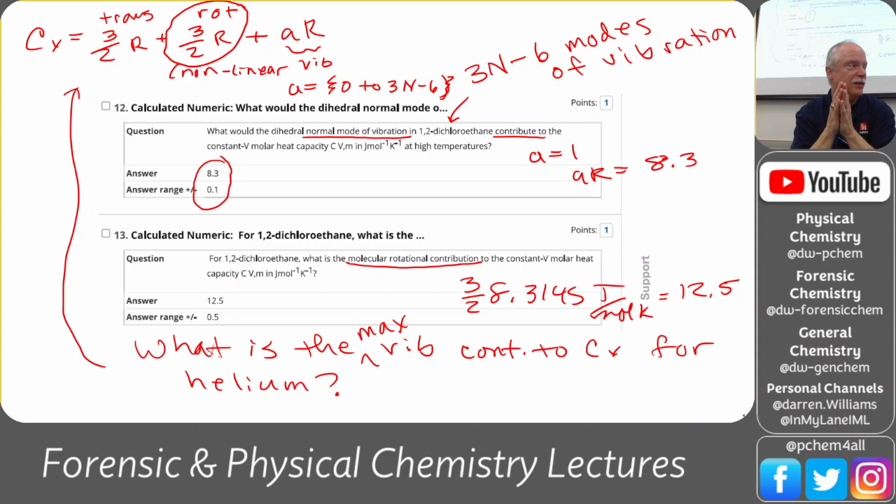Still 0 because an atom can't rotate. The mass is at 0, 0, 0 in the coordinate system. There's nothing off the axis to create a moment of inertia in which you would tell if it was rotating or not. So you have to have at least a diatomic to have a rotation or a vibration. If you have just an atom, the only thing you have is translation.